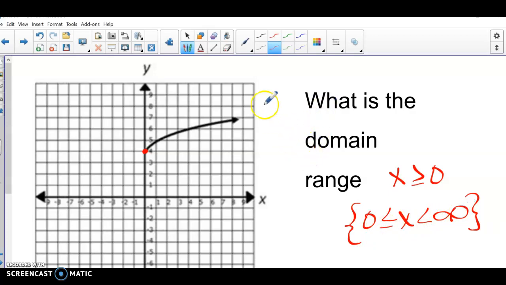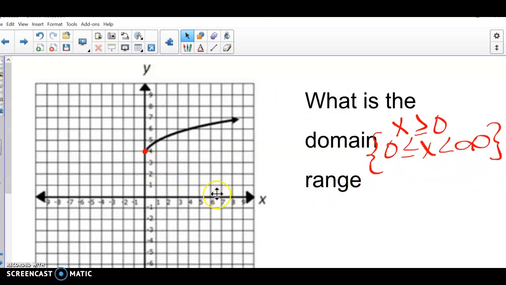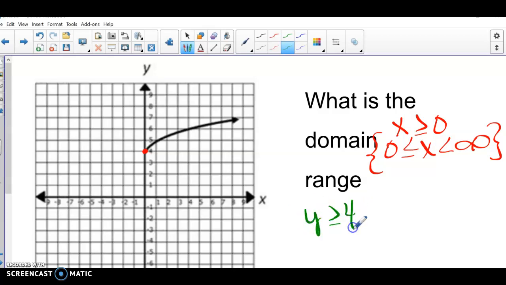If we're looking at the range, it is our y value. So our y value only starts up here at positive 4. So we could say y is greater than or equal to 4. If we write it in set notation, then we have 4 and it continues moving upward, so to positive infinity.